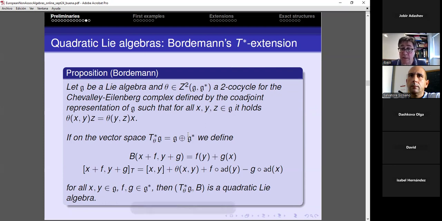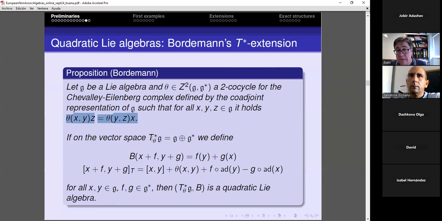Actually, one takes a Lie algebra G, and in principle a two-cocycle for the complex defined by the quaternion representation, and then on this space one can define, under certain conditions, and the condition is this condition of cyclicity.